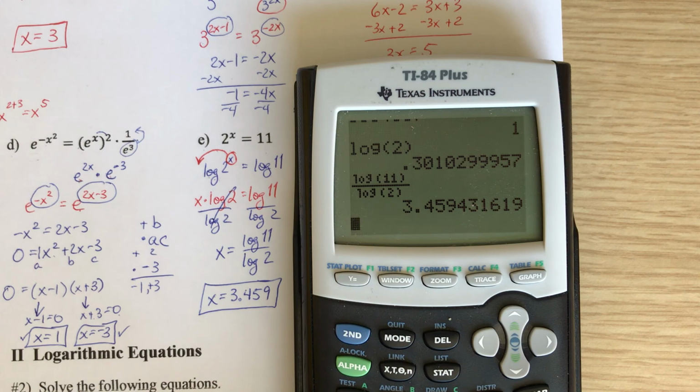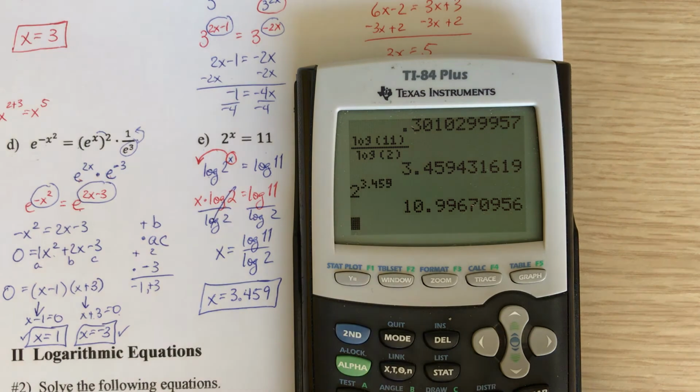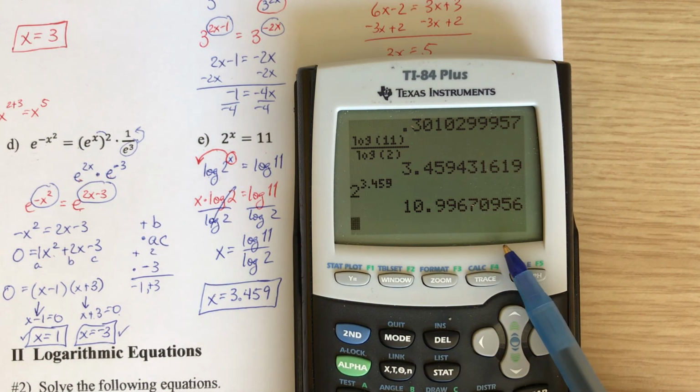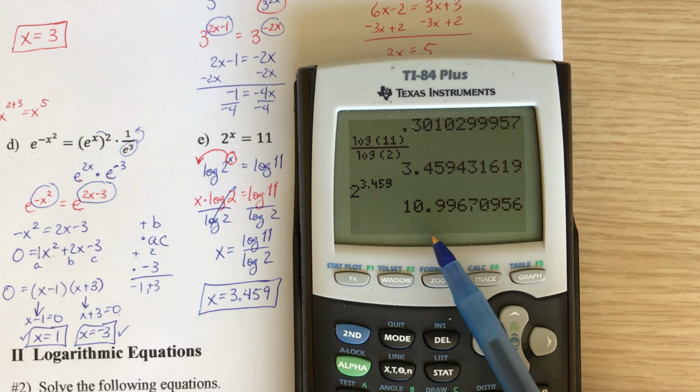I'd like to check that 2 raised to my answer, is it equal to 11? Does that actually give me the value on the right side, 11? Now it does not. It gives me 10.99670956. So by rounding it, when I check, I'm not going to get exactly 11, but I should get something very close to it.